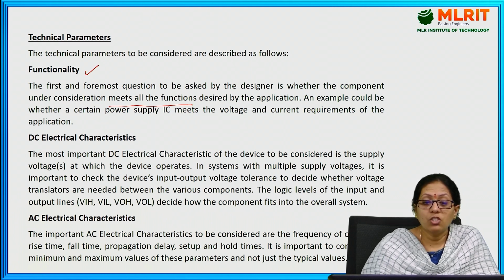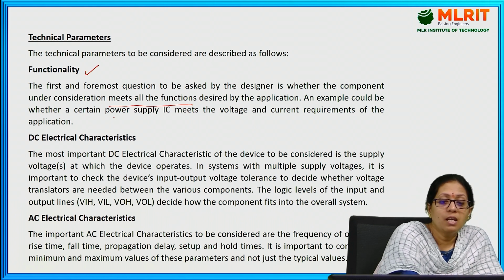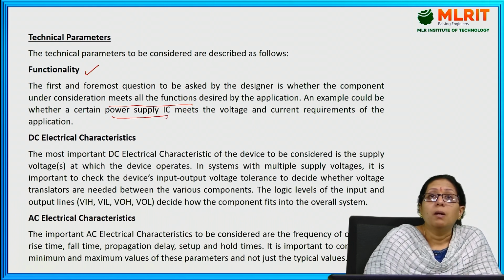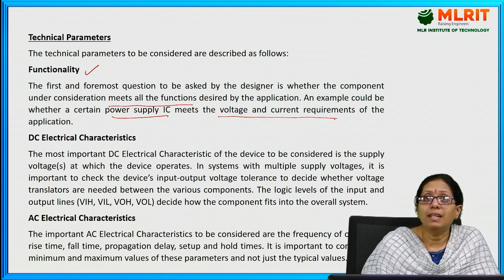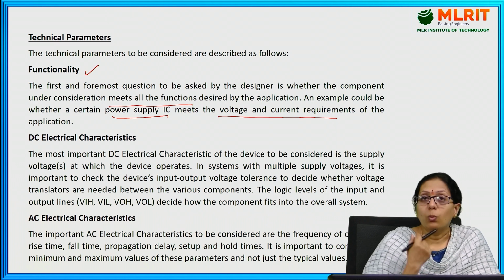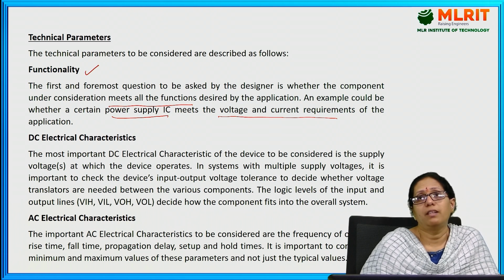Based on the application, whether all the needs are attained or not. An example could be whether a certain power supply IC meets the voltage or current requirements of an application. That means for a particular load, for a particular application, whether it is meeting the voltage or current requirements or not. Based on that, how much power supply should be taken is decided.